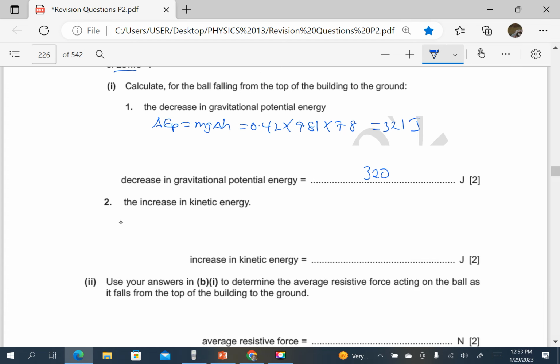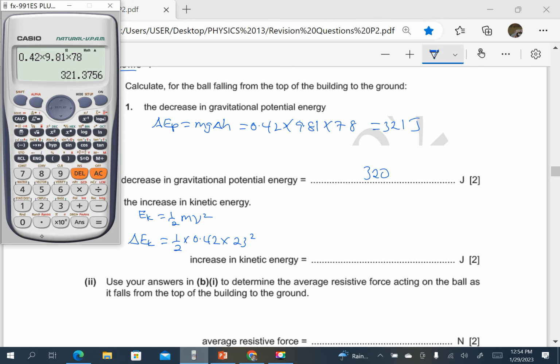Increase in kinetic energy. We know that kinetic energy is equal to a half mv squared. Because it is just dropped, the increase in kinetic energy is simply the kinetic energy with which it lands. So that will be a half times the mass, which is 0.42, times its speed, which is 23, squared.